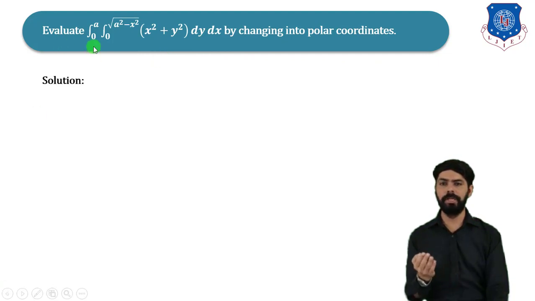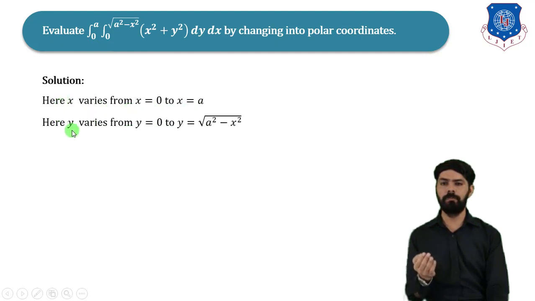So here if you look at the limits, then here x varies from x equal to 0 to x equal to a and y varies from y equal to 0 to y equal to under root a square minus x square. Now here squaring both sides, it will be y square is equal to a square minus x square. Therefore it will be x square plus y square is equal to a square.